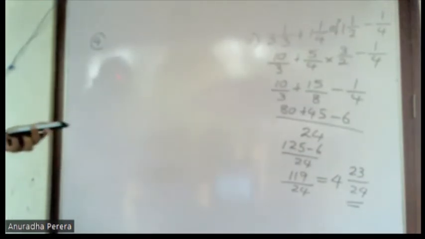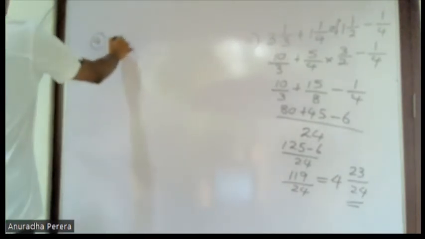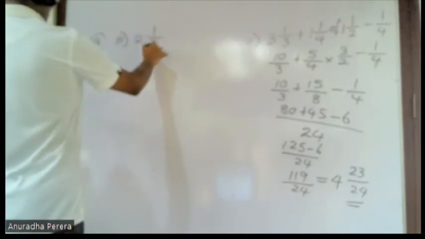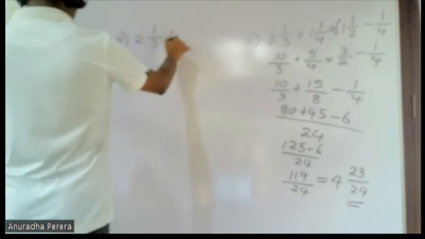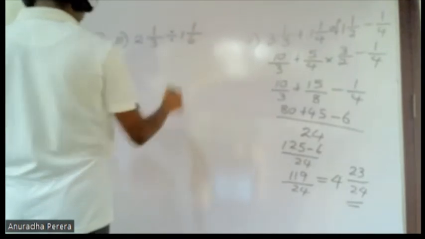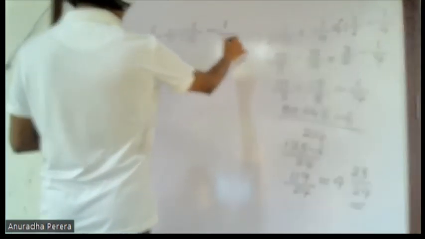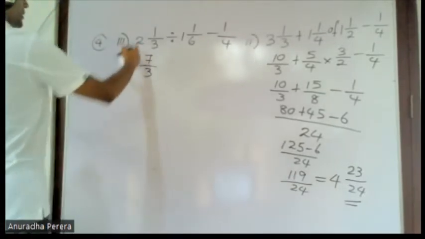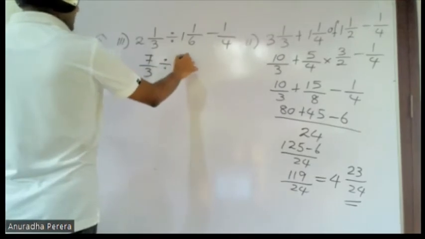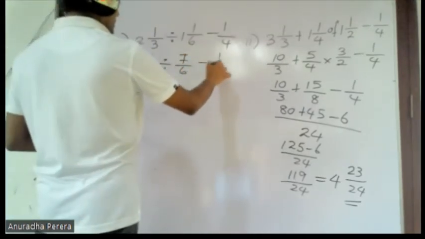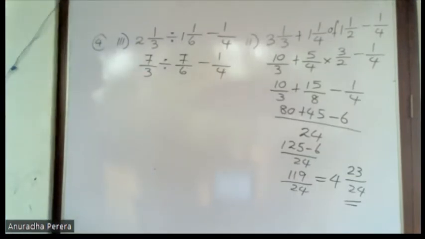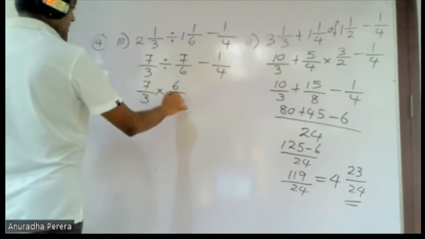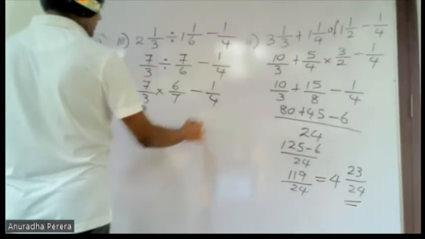Third one. 2 1 over 3, 1 1 over 6. 7 over 3, 7 over 6, 1 over 4. 7 over 3 times 6 over 7, 1 over 4.